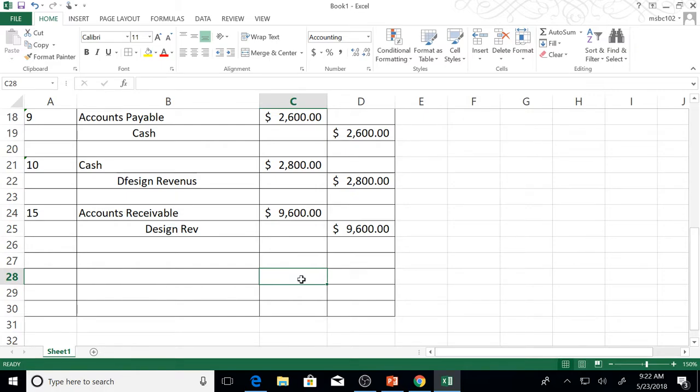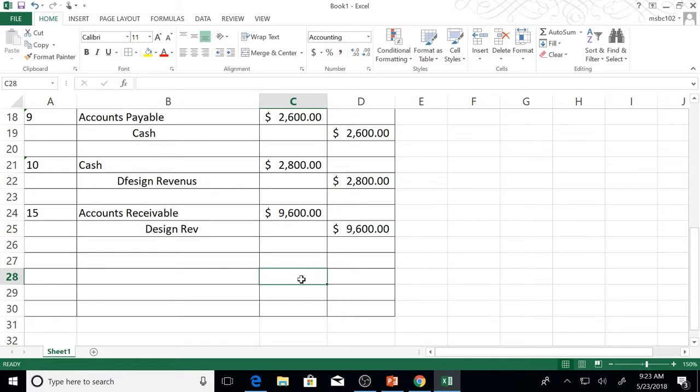Think about the gas station: you charge for sodas, chips, all that. You don't use the cash unless you see the word cash, or unless you see the word paid. If it says received cash, then you use cash. If you see the word paid, that means the cash is paid. Accounts receivable means they're going to pay you later.